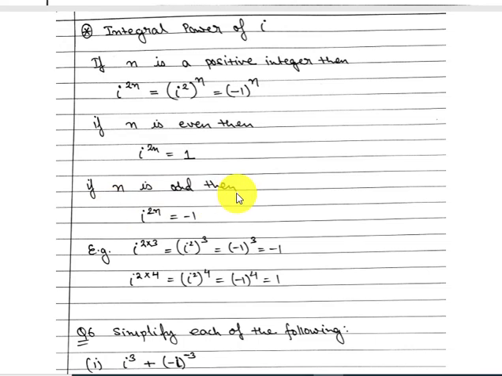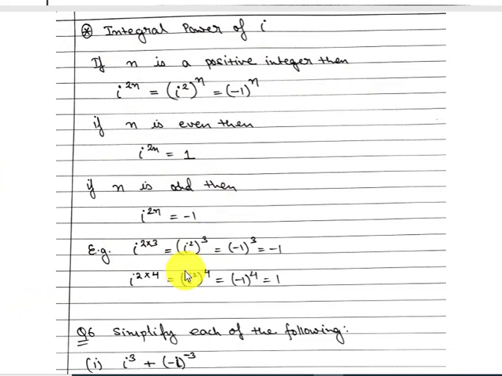If n is odd, then I to the power 2n will be equal to minus 1. Suppose I have 2 in place of n, that means minus 1 into minus 1, that would be 1. Suppose I have 3 in place of n, that means minus 1 into minus 1 into minus 1, that would be equal to minus 1. So you must remember this thing.